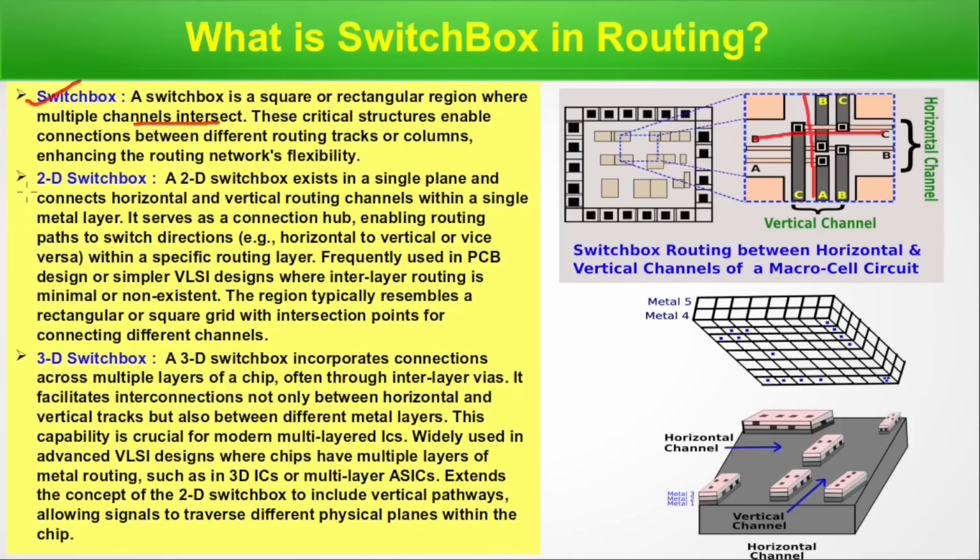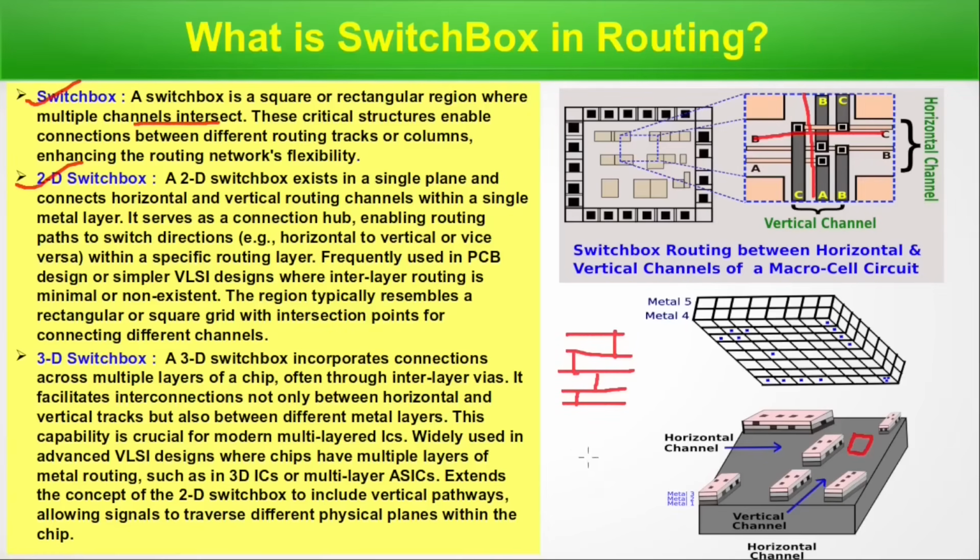A 2D switchbox exists in a single plane and connects horizontal and vertical routing channels within the single metal layer. It serves as a connection hub in a single metal layer, because in a chip, if that is the cross section vertically, multiple layers of metals are there and vias are vertically connected, connecting one layer to another.